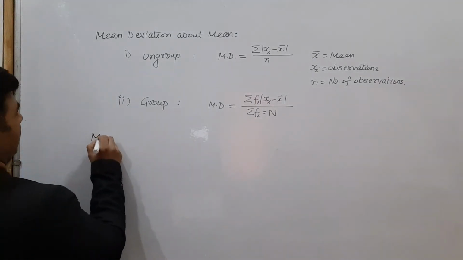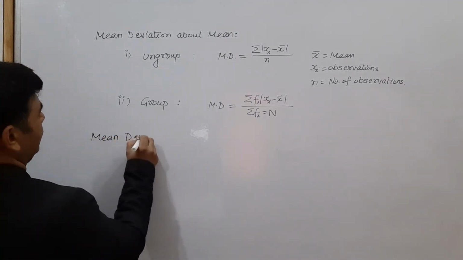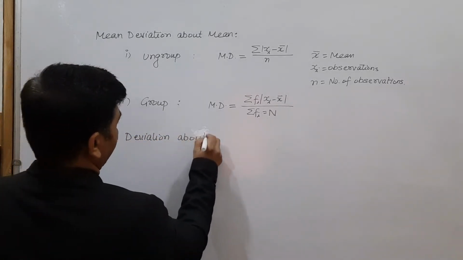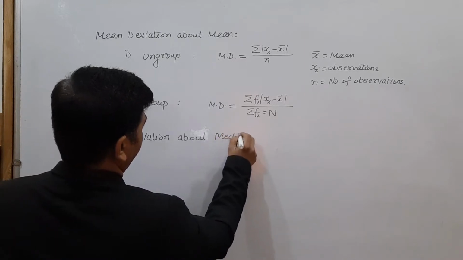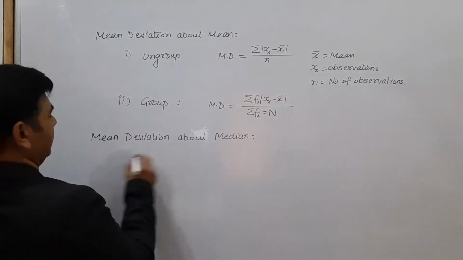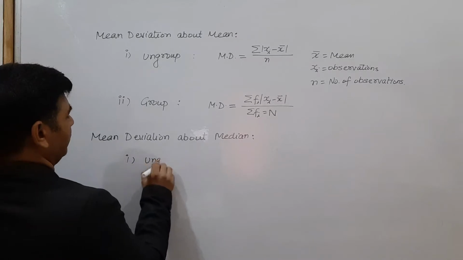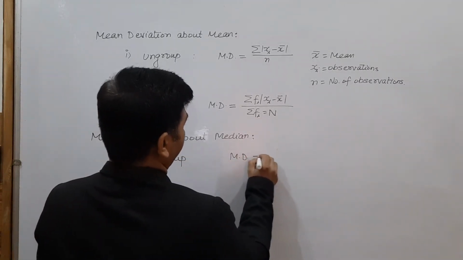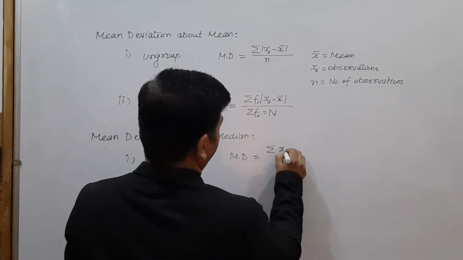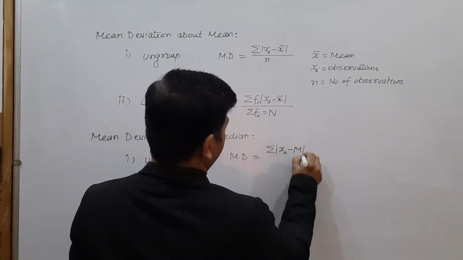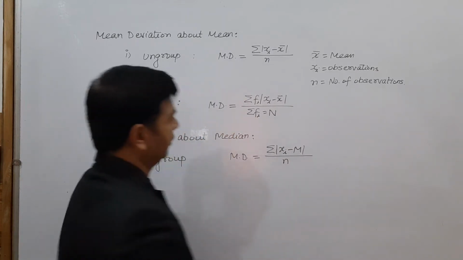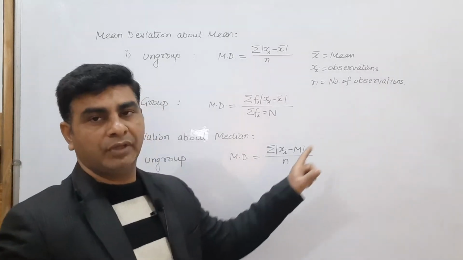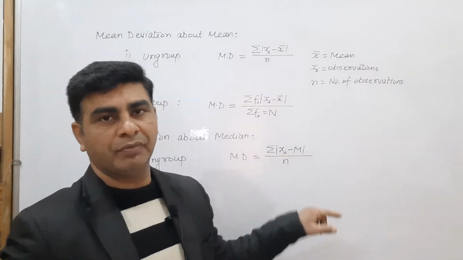Now the second case, if we want to find the mean deviation about median. For ungrouped data, this is obtained by the same summation of |xi minus median| divided by n, where median is the median, xi are the observations we have, and n is the number of observations.